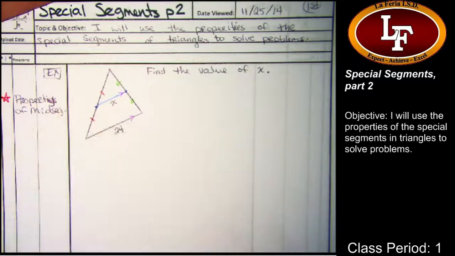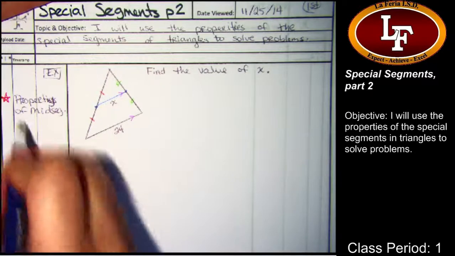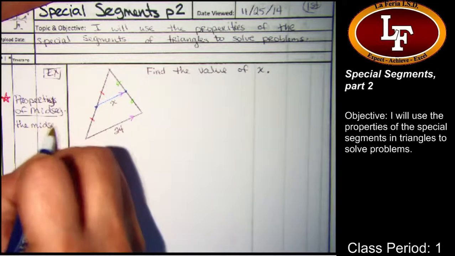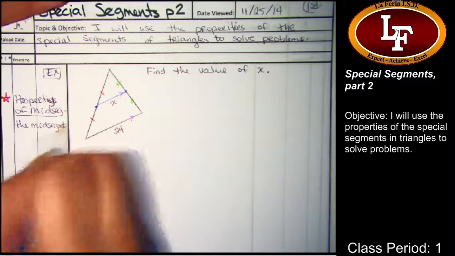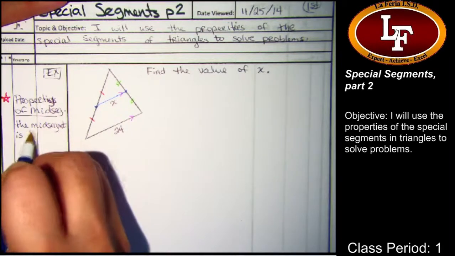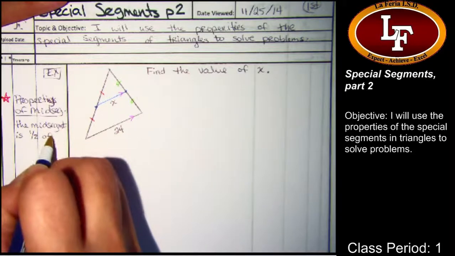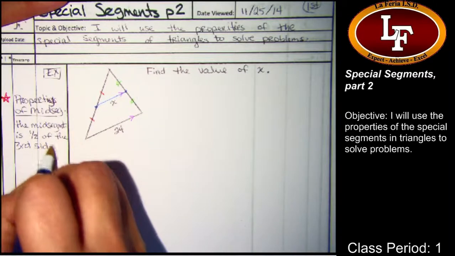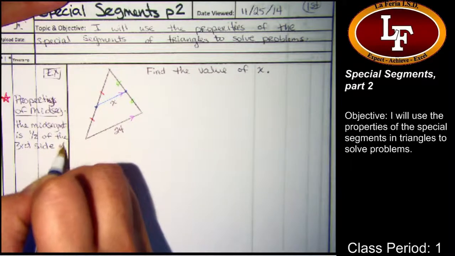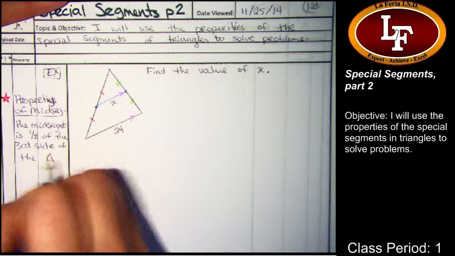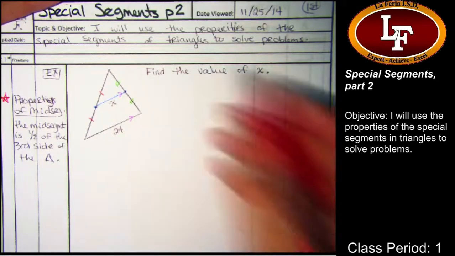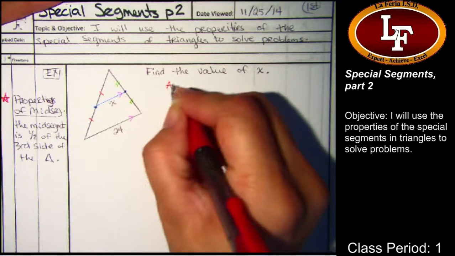I don't have enough room to write the whole thing, but the property of the midsegment: the midsegment is 1/2 of the third side of the triangle. So here's our important thing.